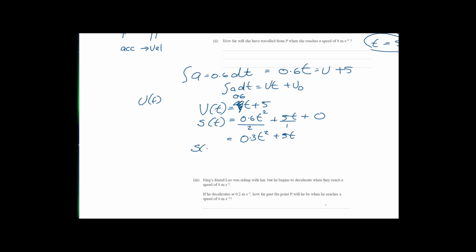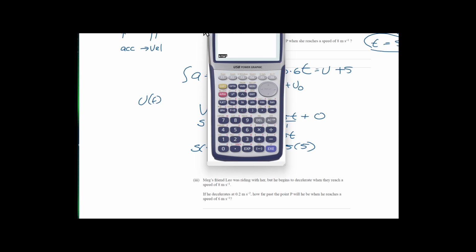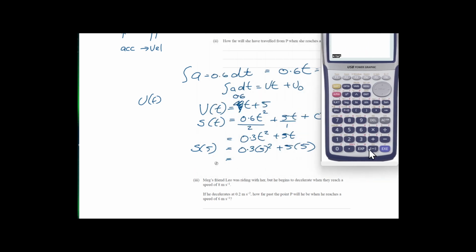So the displacement after 5 seconds is going to be 0.3 times 5 squared, which is 25, plus 5 times 5. Grab the calculator: 25 times 0.3 equals 7.5, plus 25, is 32.5 meters.